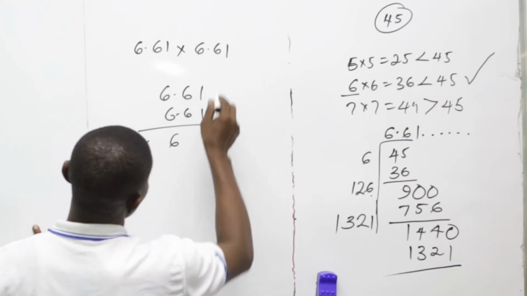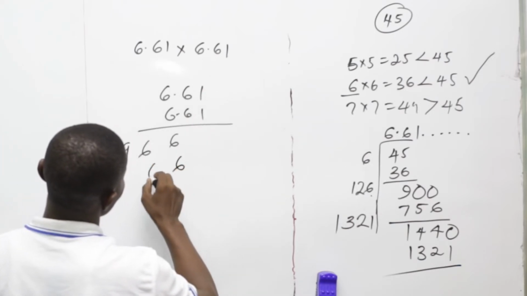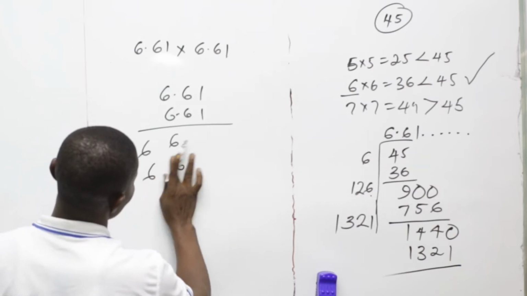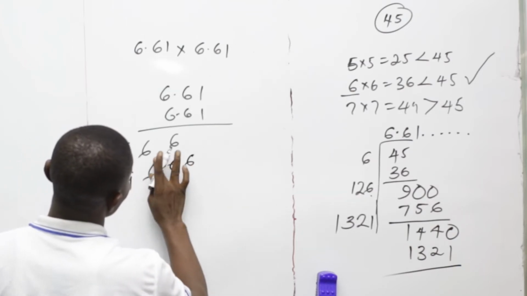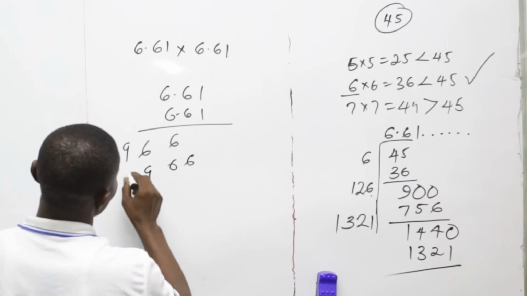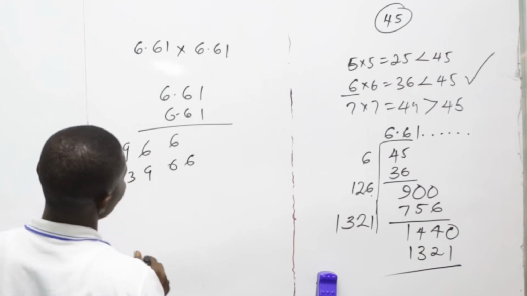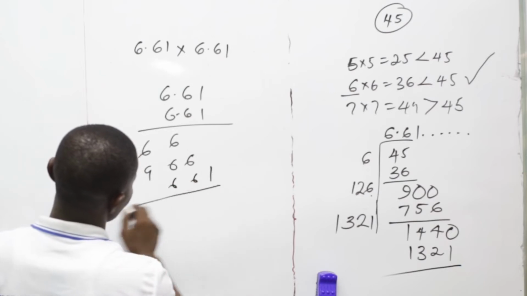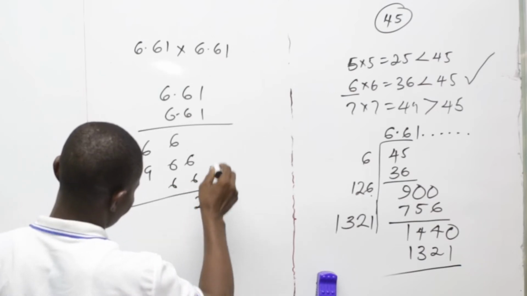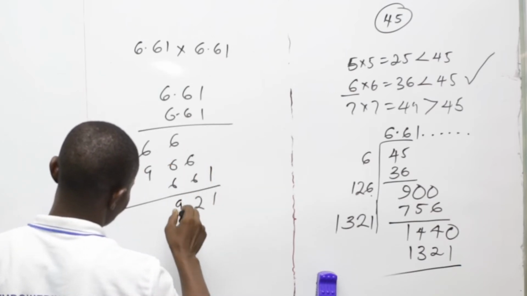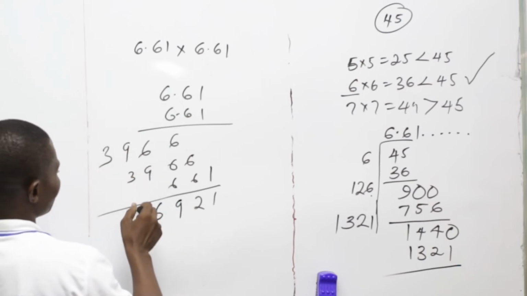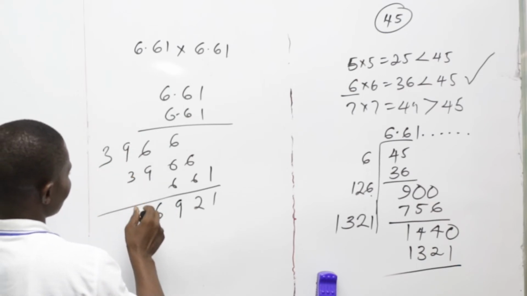Then this will go 6, 6, 9, 3. Okay, it's turned for 1, 1, 6, 6, 1, 2, carry 1. This is 18, 19, carry 1. This is 15, 16, carry 1. This is 12 plus 1, 13.